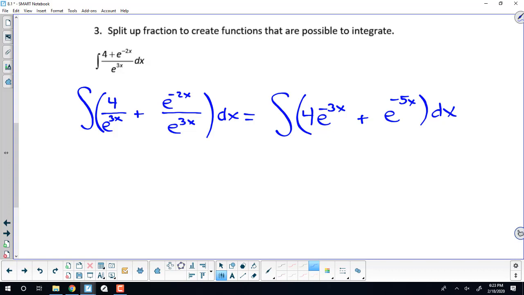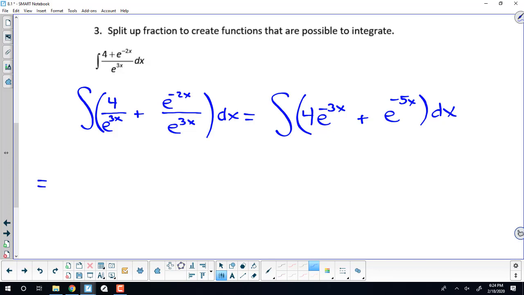Does that make sense? So like I said, when you see a fraction and there's a bunch of things added or subtracted, divided by a single term, you could try that approach where you just split everything up. So what's the antiderivative of 4e to the negative 3x? Negative 4/3 e to the negative 3x?